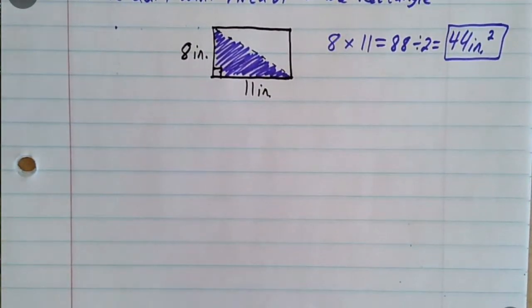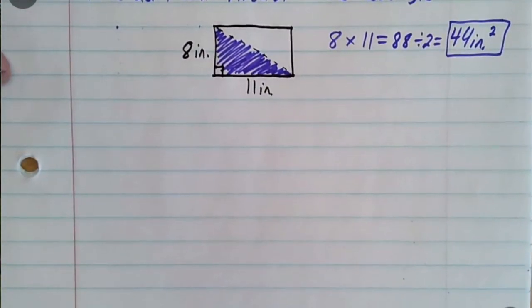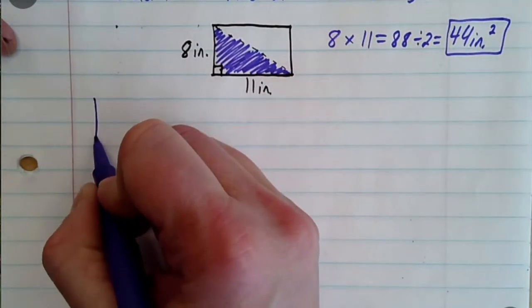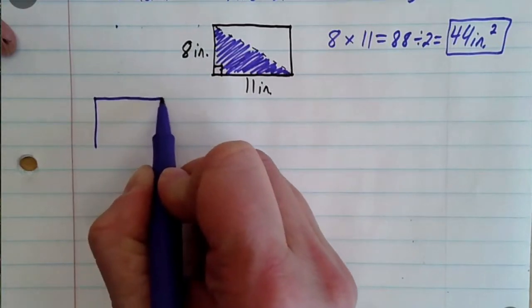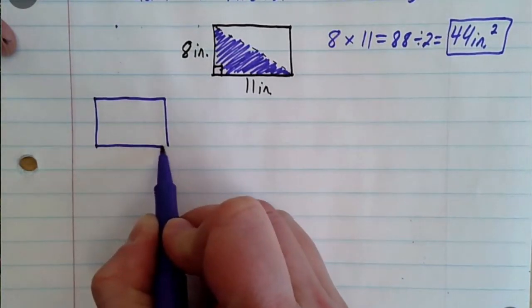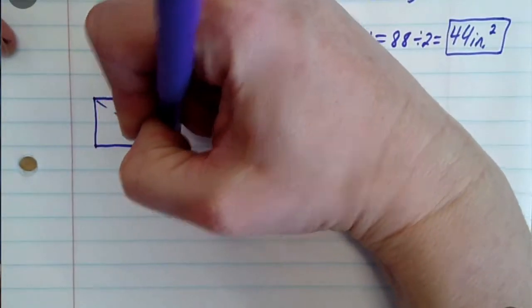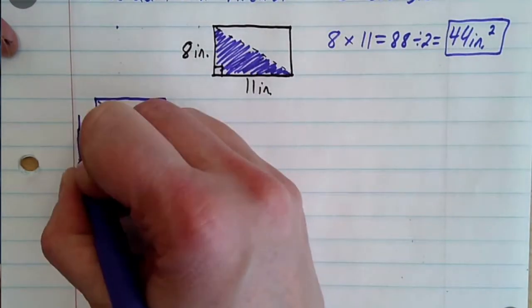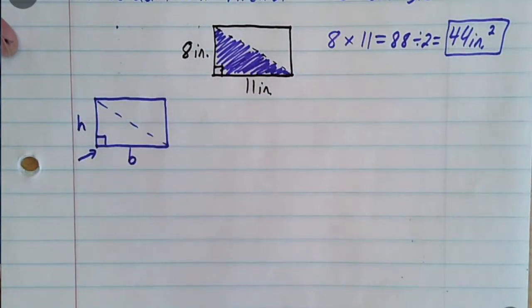The next thing I want to do is just help you identify base and height, because those are the 2 numbers you're going to need. I'm going to trace these blue lines here, kind of make a rectangle. 2 blue lines made a rectangle. Make the diagonal through here, and make a right angle here. The moment you see the right angle, you know this is your base and this is your height. Those are the 2 numbers you would need.